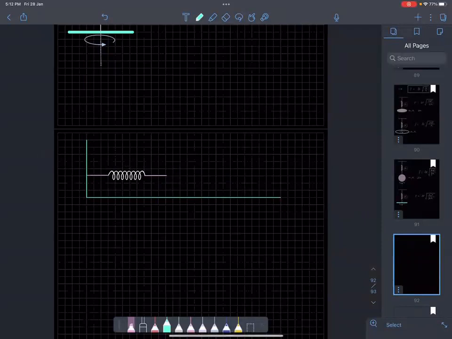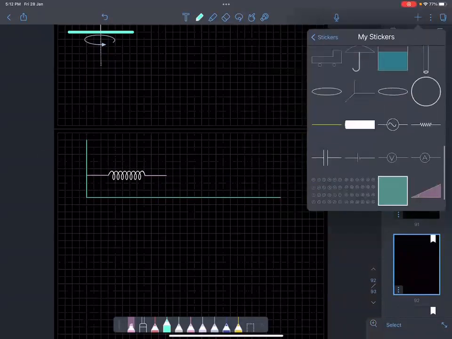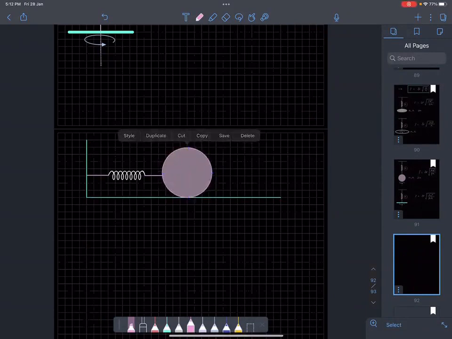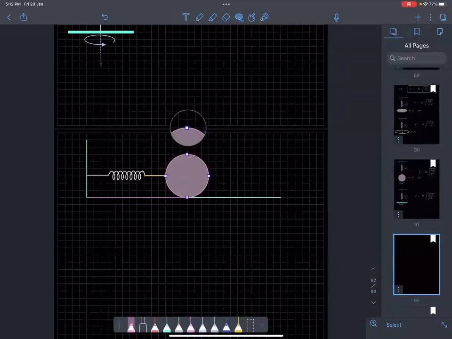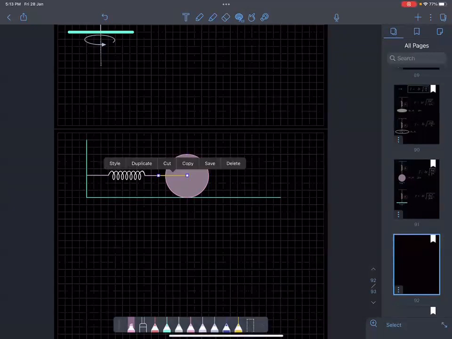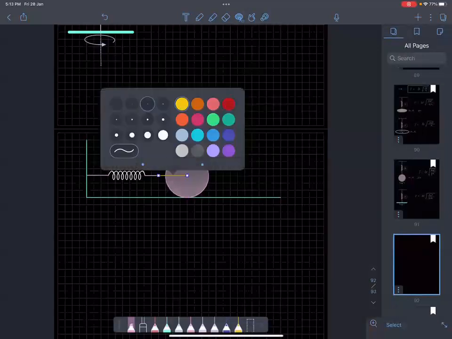First I'll give you some simple one, and it is attached to a wheel. So I'll give you the wheel here, and this wheel is a solid cylinder of radius r and mass m.